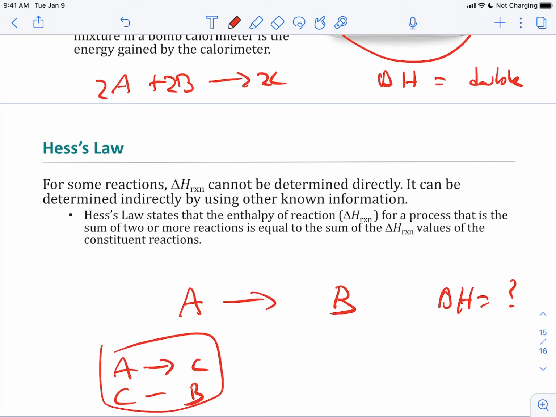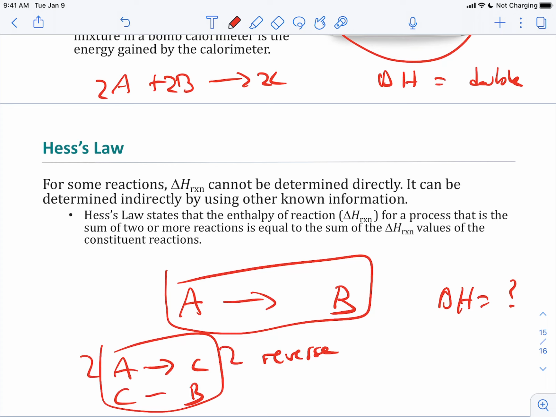Now, in some cases, you'll have a series of equations. You might need to reverse one of them to get the reaction you're interested in, or you might need to multiply it by a factor. So what we'll do in class is do some examples where we'll manipulate a series of reactions to get them to sum up to the reaction we're interested in to get our enthalpy, and that's because enthalpy is a state function. We can do that.